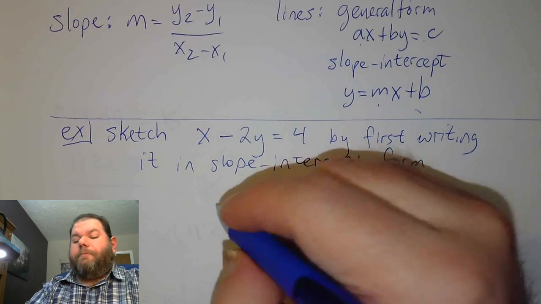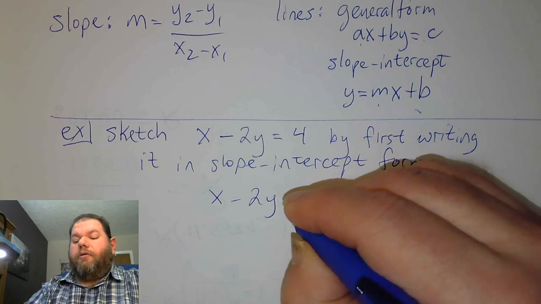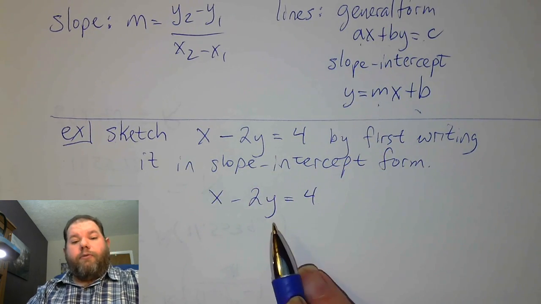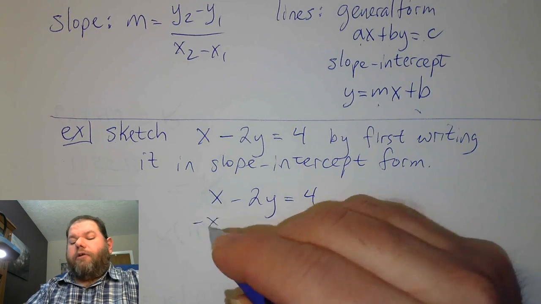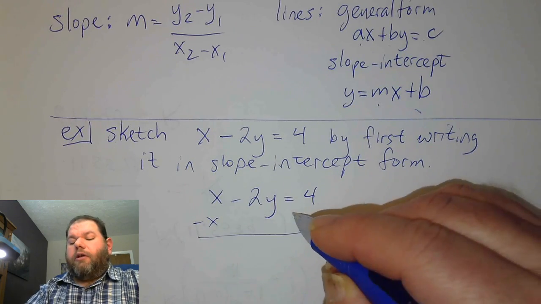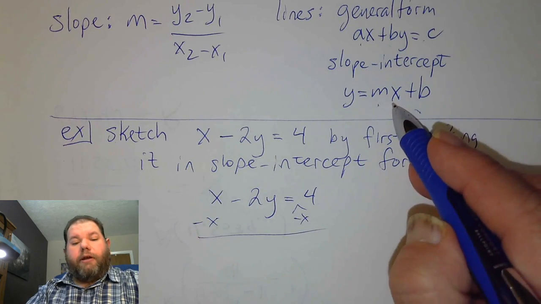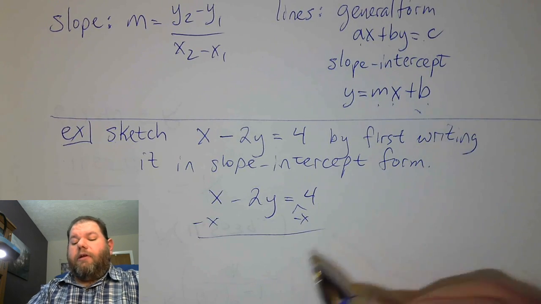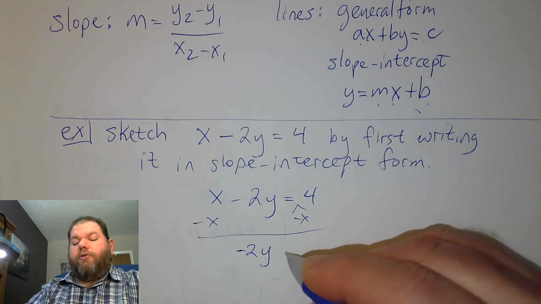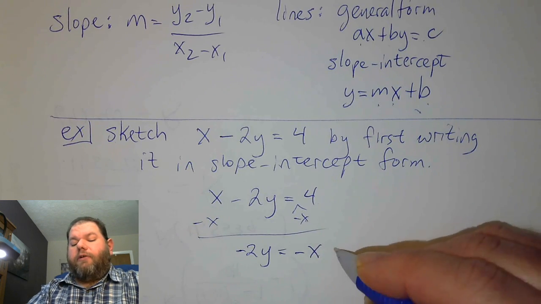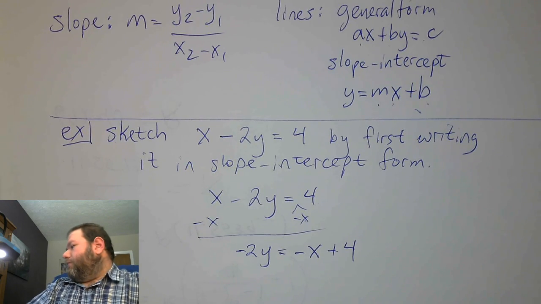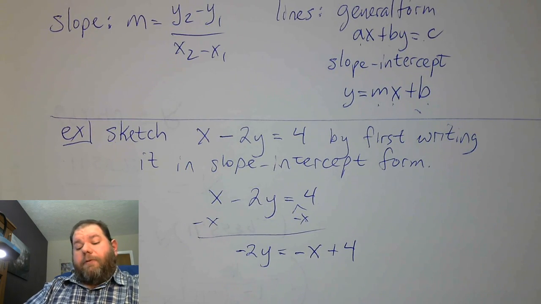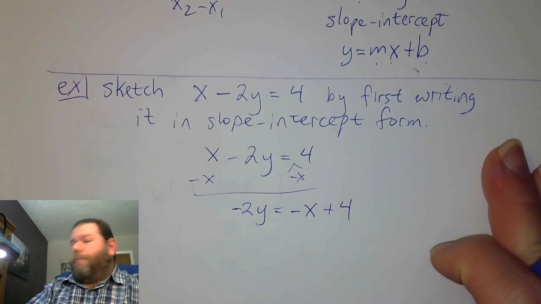Okay. So we want to solve for y, basically to put it into that slope-intercept form. So we subtract our x over. Again, we want to make sure on the right-hand side we put our x first and then the number second. So it's a little bit counterintuitive, but we have a minus x first, and this is still a positive 4. The other step is we need to divide everything by -2, and that is to get y by itself.